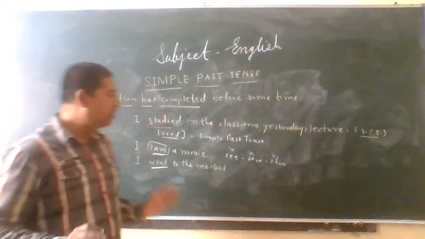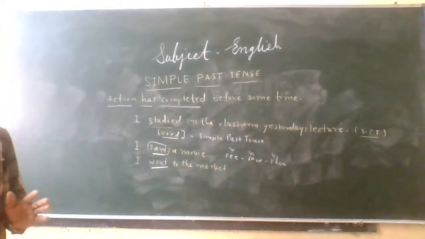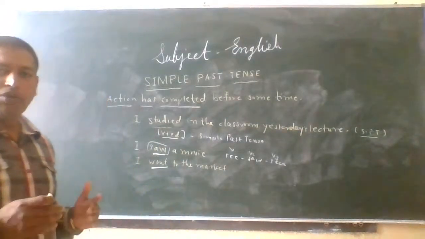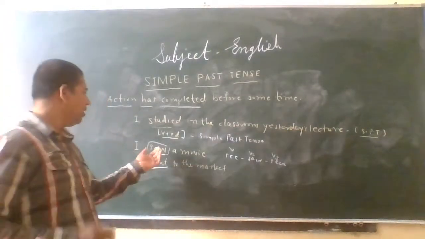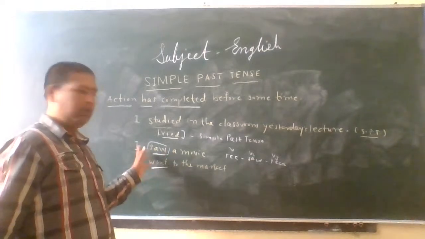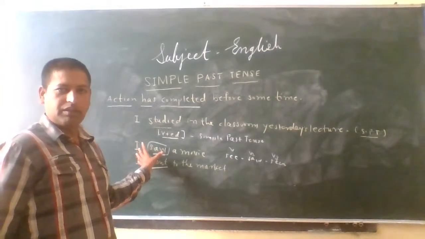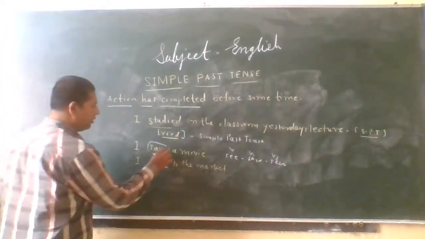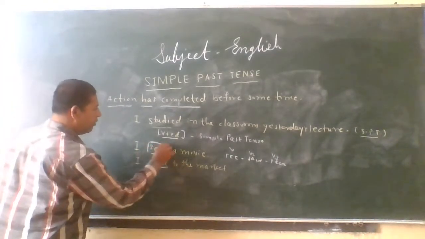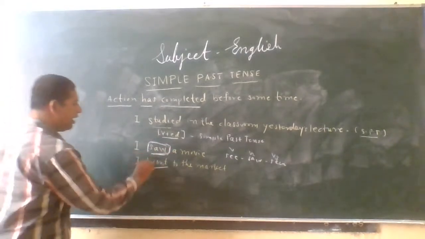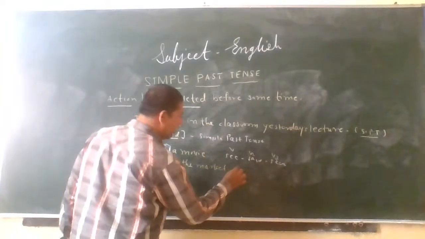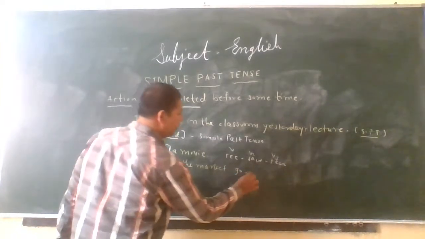If we understand the simple past tense, it means the action has been done before some time. Only you have to observe the verb second form. The same thing applies with go, and afterward when.